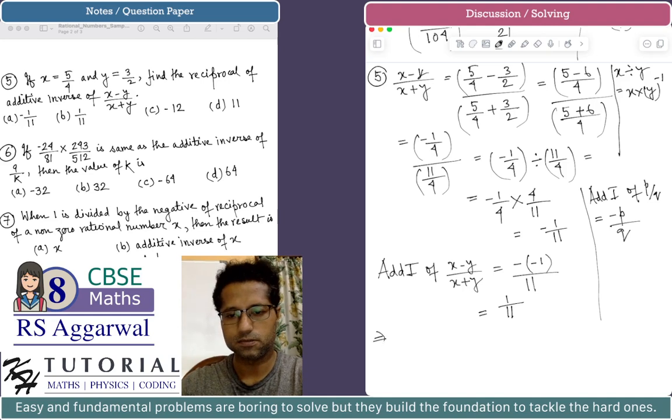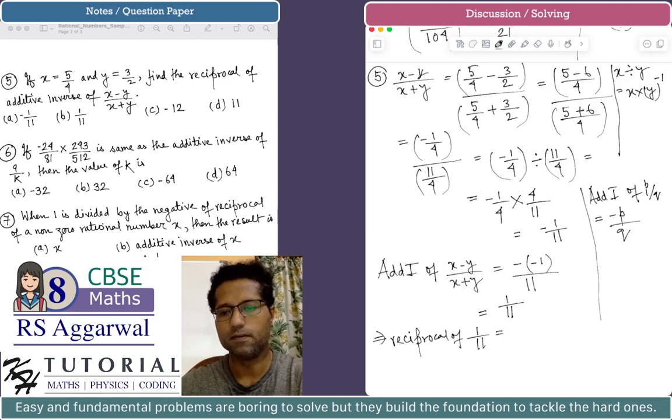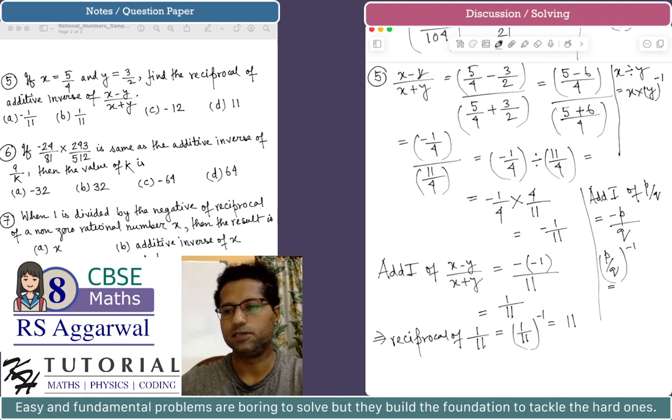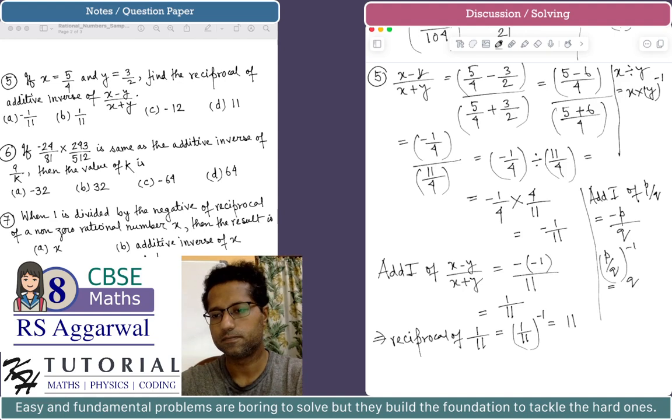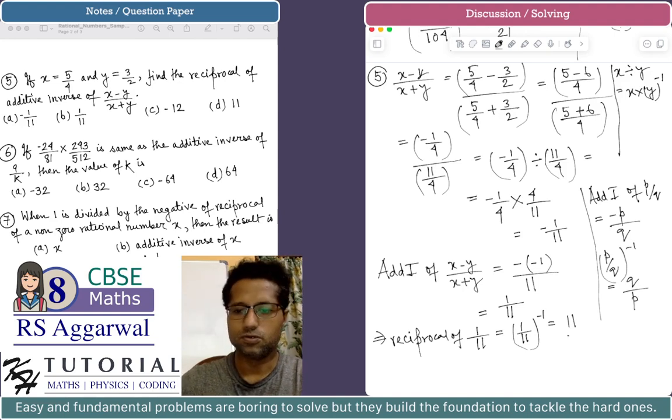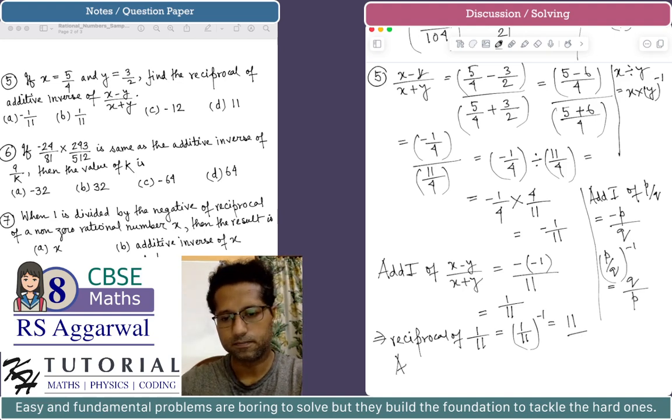The reciprocal of 1 by 11 is denoted as (1 by 11) to the power minus 1, which is nothing but 11. The reciprocal of any rational number p by q is nothing but you interchange the numerator and the denominator. So 11 is the result and the correct choice is D.